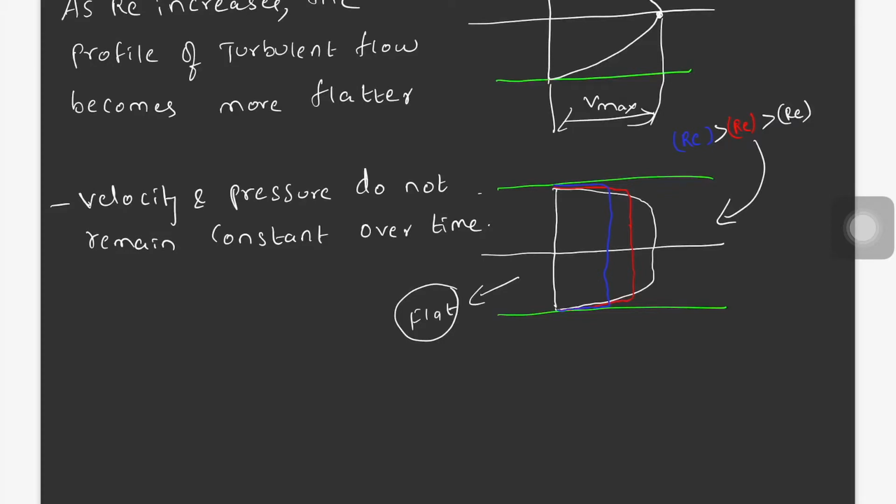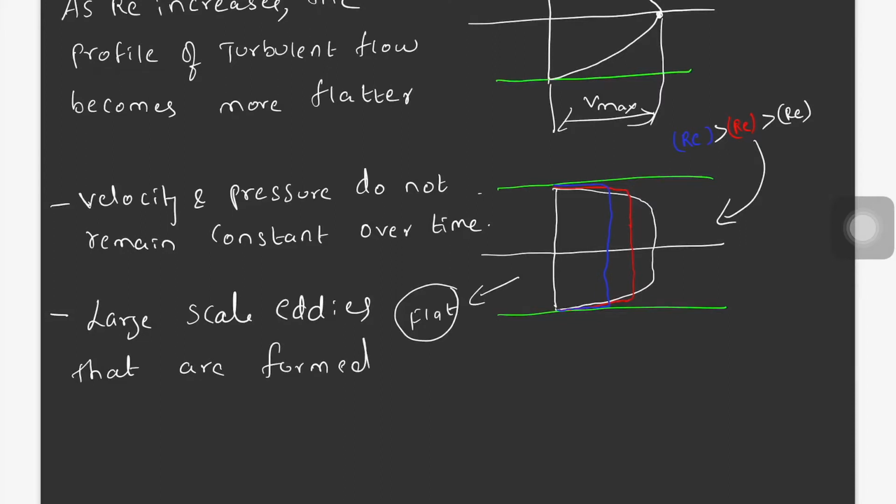Because velocity and pressure are not constant over time, large scale eddies are formed. What are large scale eddies? Eddies are the currents generated because of a higher amount of velocity fluctuations.